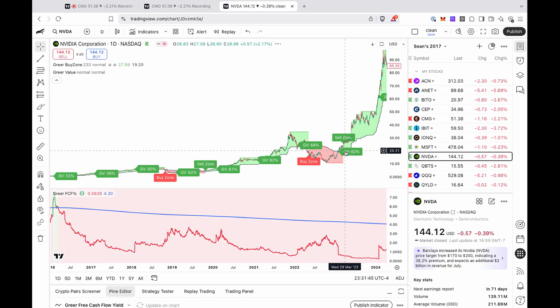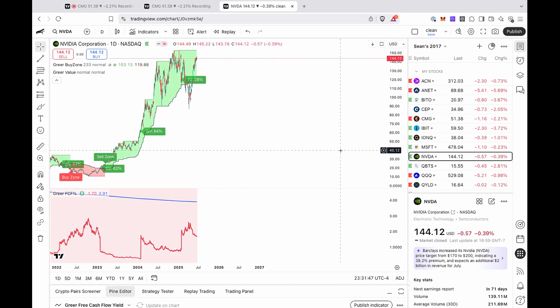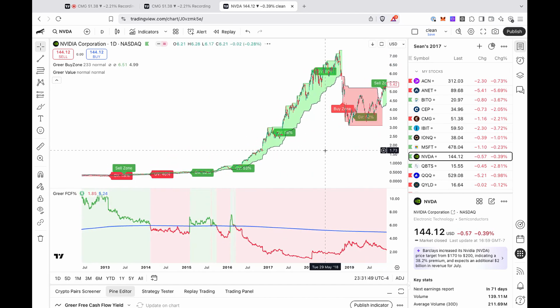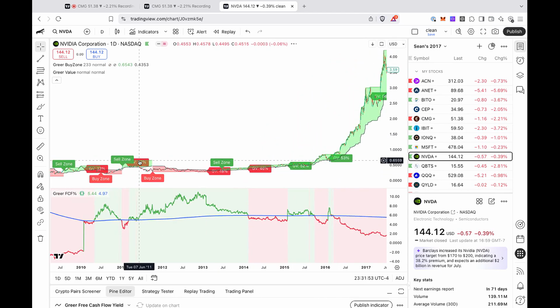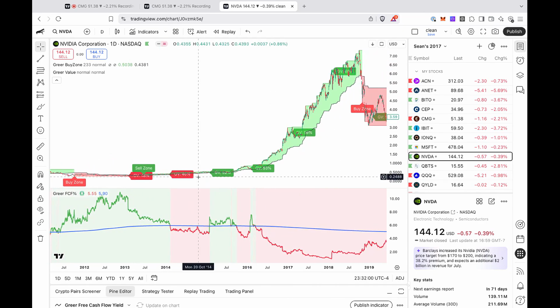Again, Nvidia is another one. You can see right now, recently it's under, but back here there were some really good times to get into it. The Greer value was low here, but this was above. So you have to use all of these statistics together to determine when you want to start to acquire the position.